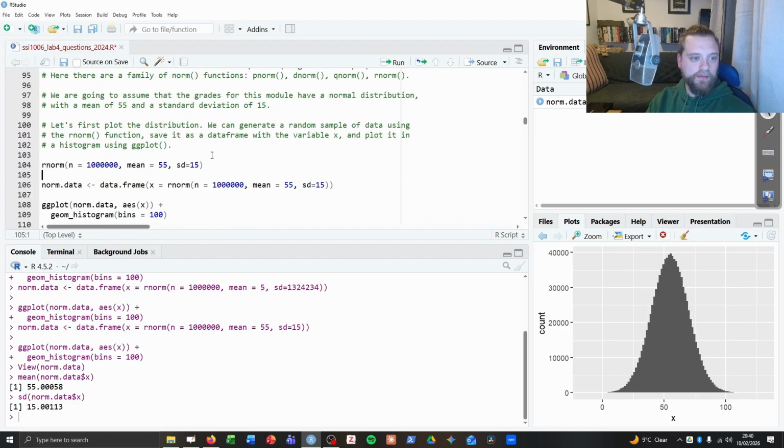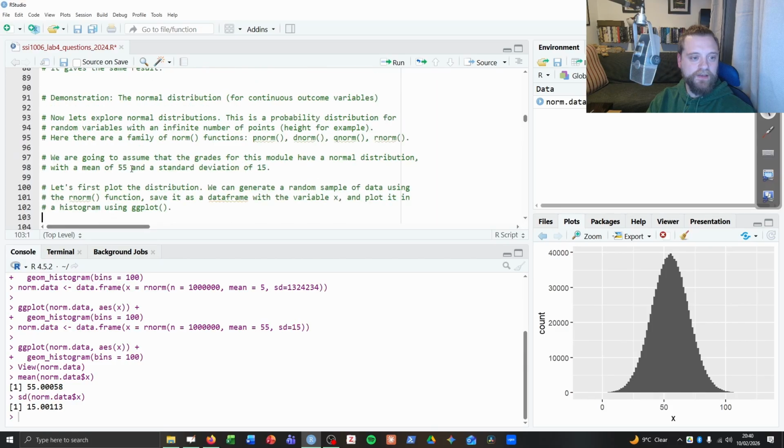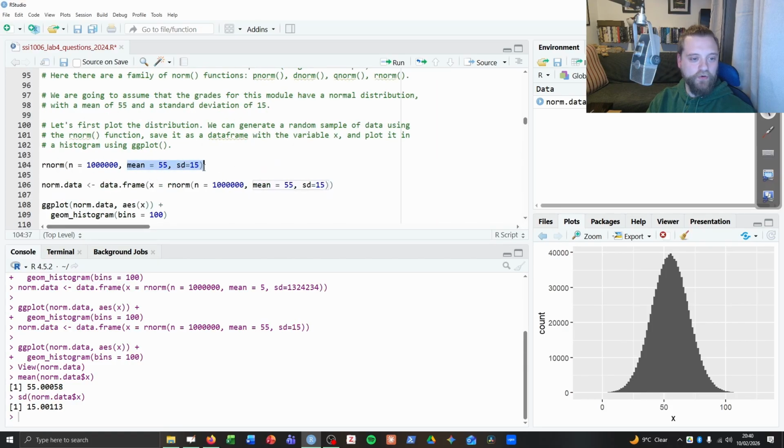So these numbers, a mean of 55 and a standard deviation of 15, as the text explains here, this is about normal for a university module. So usually the mean score of students in assessments will be between 55 and 65, maybe a little higher if it's an easier assessment.